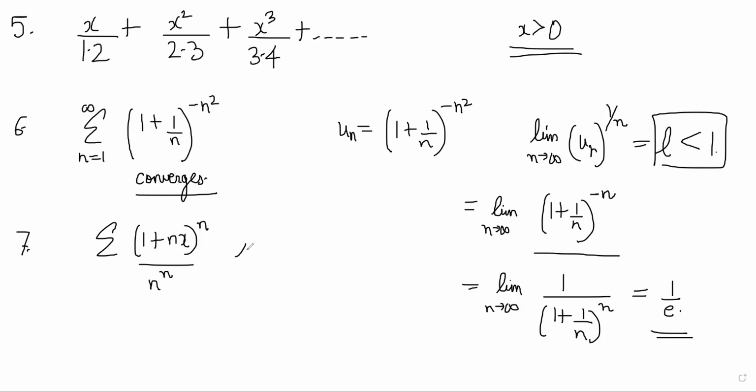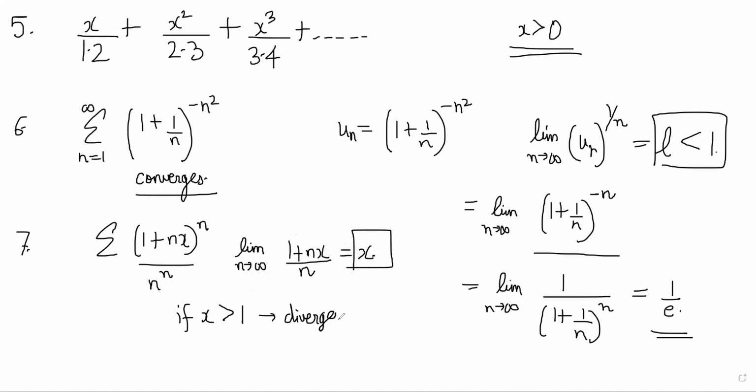Taking power 1 by n, we get 1 plus nx by n, which tends to x. So if x is greater than 1, it diverges. If x is less than 1, it converges.